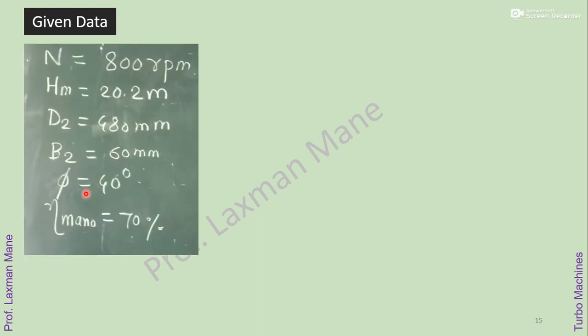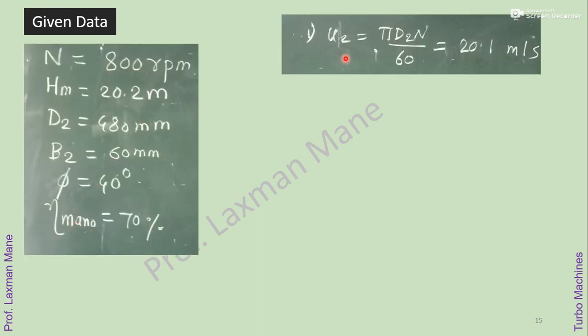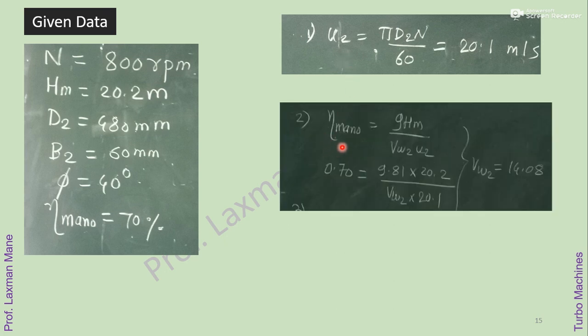Given data, finding first u2 value, then use manometric efficiency formula g hm divided by vw2 u2. In this, manometric efficiency is given 70%, so take this as 0.7, g 9.81, hm 20.2 meter divided by u2 calculated value here. So vw2 from this we get.